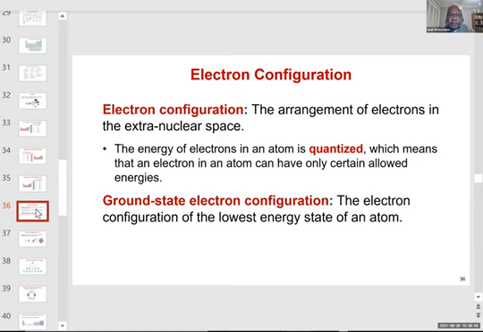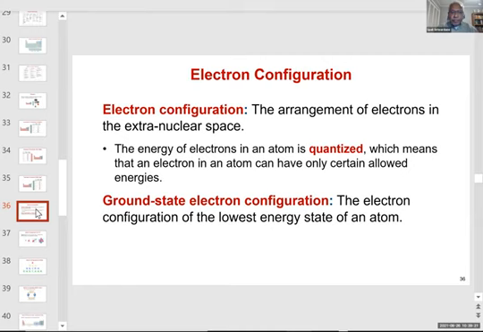That means the first electron has a certain energy, the second electron has a certain energy, the fourth electron has a certain energy, increasing as we add more electrons to the atom. There are certain energy levels from lowest to highest.